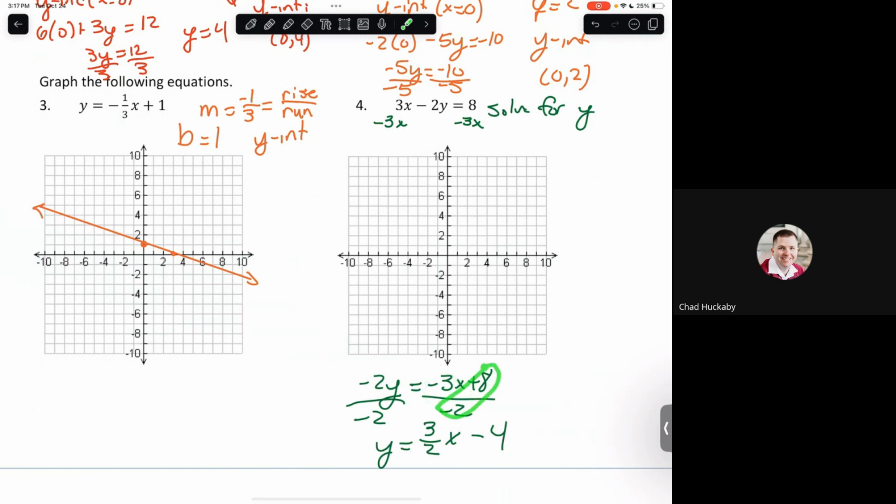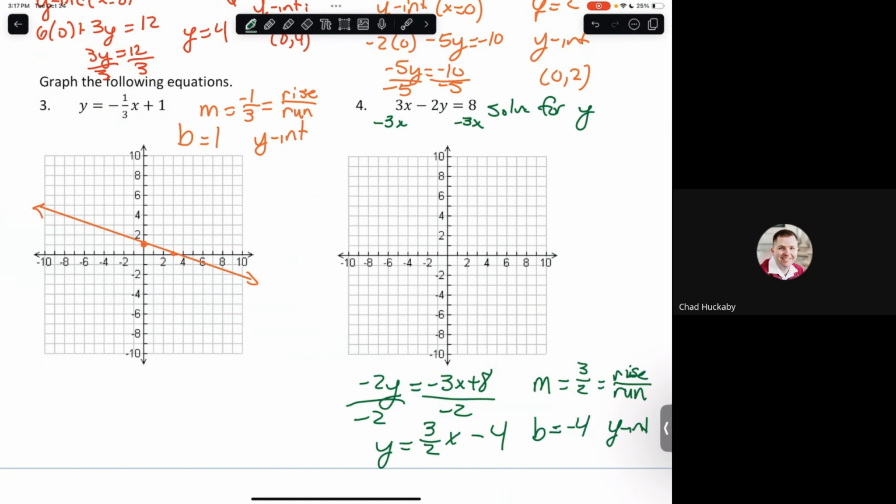And we have 8 over negative 2, which is negative 4. So my slope, m, is equal to 3/2, which is the rise over the run. And then my y-intercept, b, is equal to negative 4.